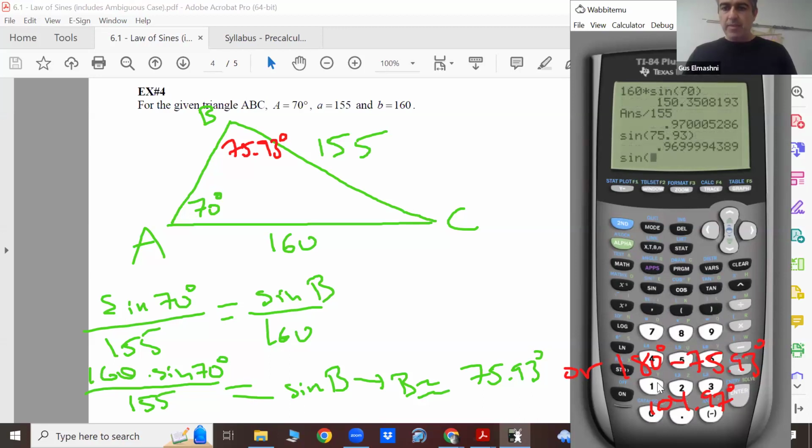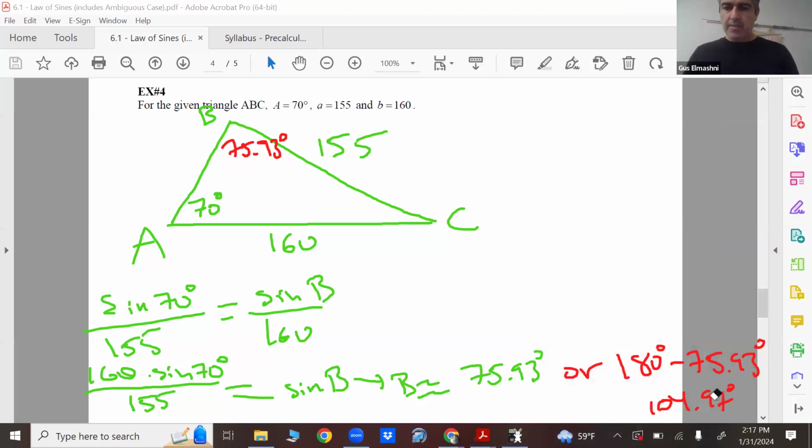The sine of 104.07 is also, well, I kind of fudged it a little bit. Oh, 0.07, my goodness. Sorry, guys, 0.07, my bad. It is also 0.07. Why is that?